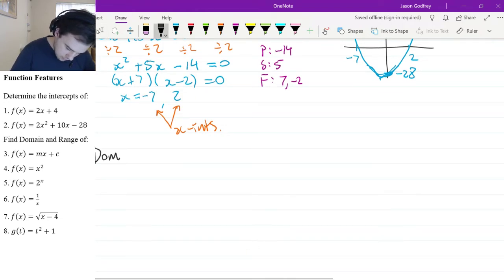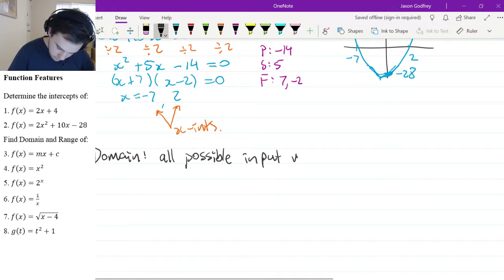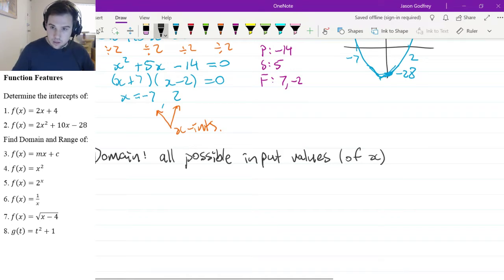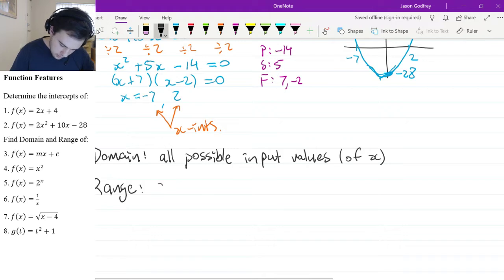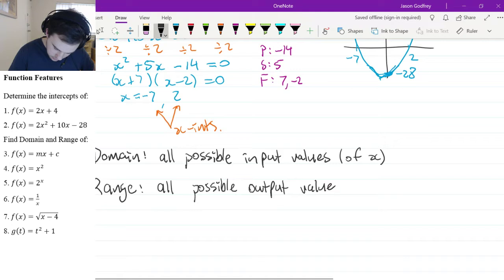So the domain of a function is a word to describe all the possible input values, and usually it's of a function of variable x, and the word range is basically the same thing, describes all the possible output values. So think of this like on your graph, what are the different y values you can get on a graph.